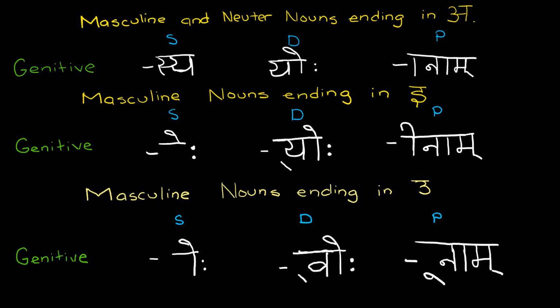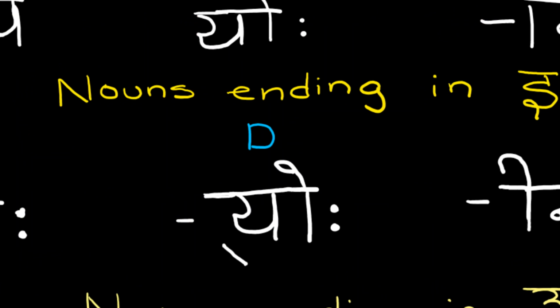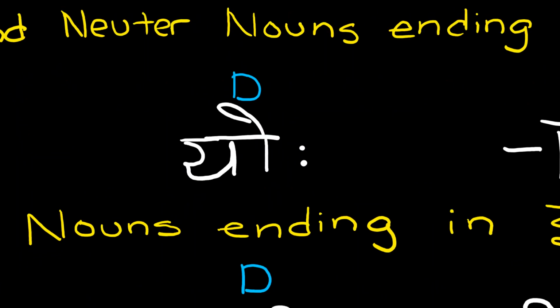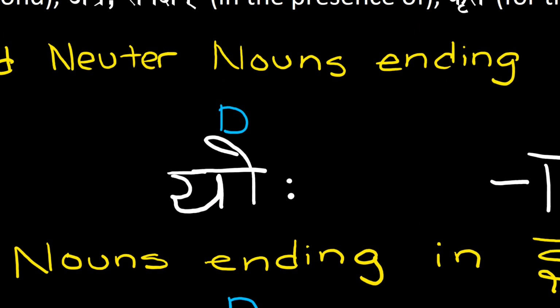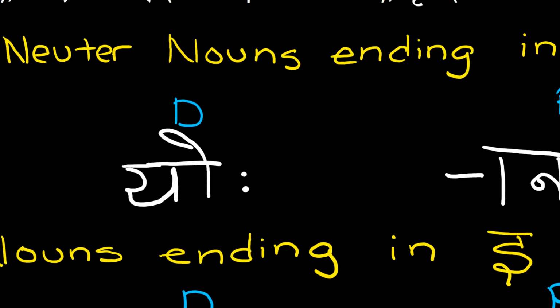Same thing goes for dual. Notice that in genitive dual, for masculine and neuter nouns ending in a, it's yoho. The difference is what happens to the vowel.